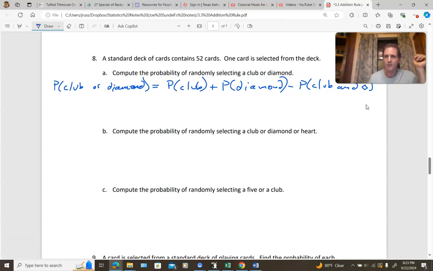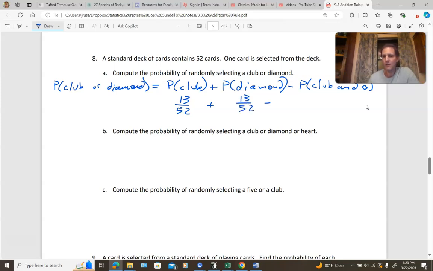So the probability of selecting a club: a club is a suit, and we know that each suit is comprised of 13 cards. So this would be 13 out of 52, plus the probability of selecting a diamond. A diamond is another suit, so there's 13 of those.